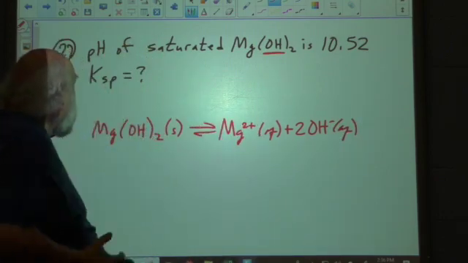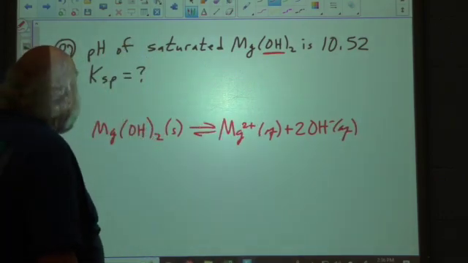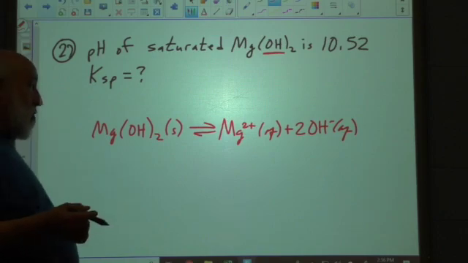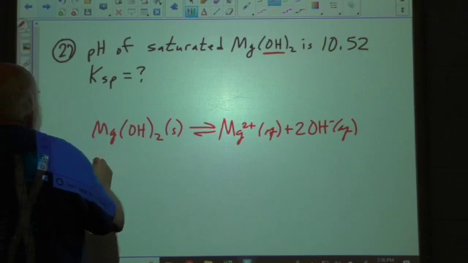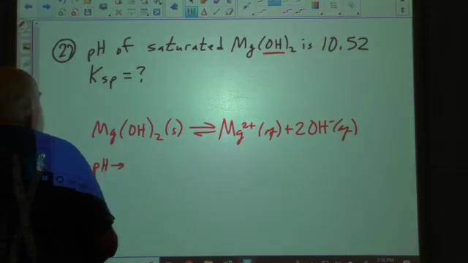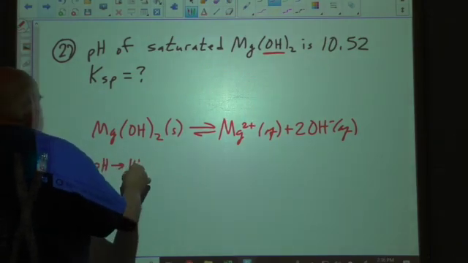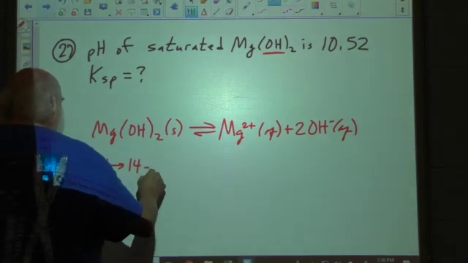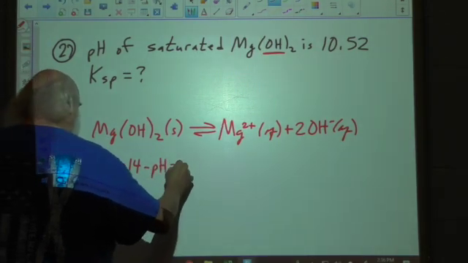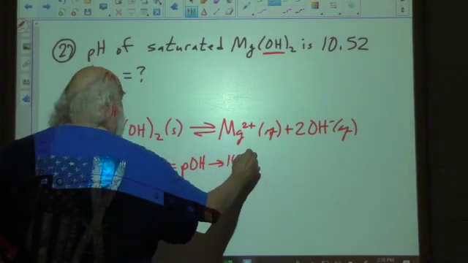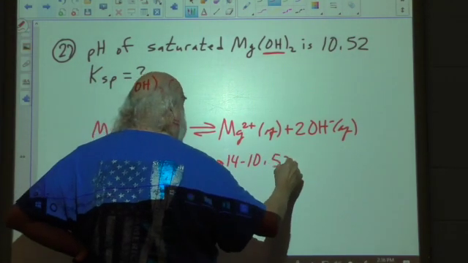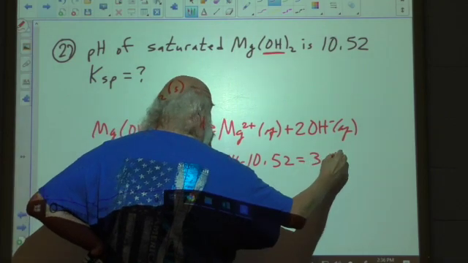Okay? Now, pH means hydrogen, but we have OH, so that means we're going to have to change pH to pOH. So it's 14 minus pH equals pOH. So 14 minus 10.52 equals 3.48.